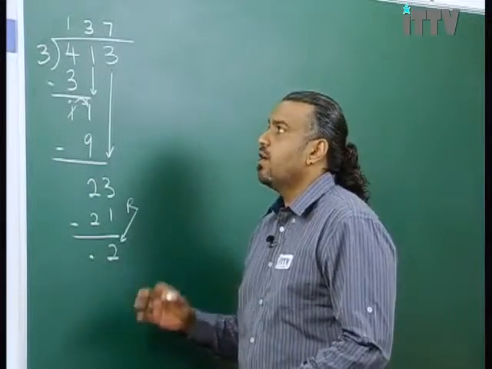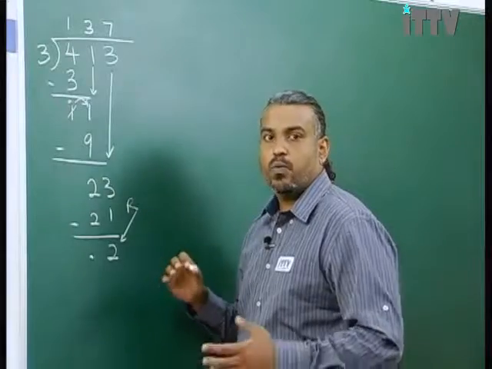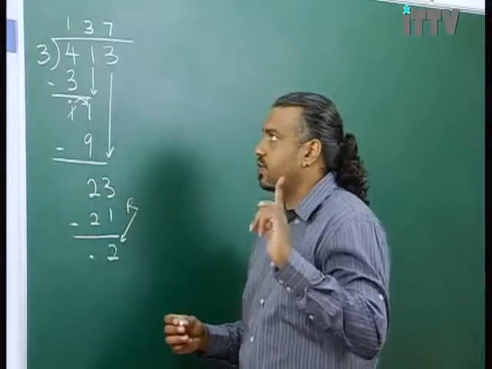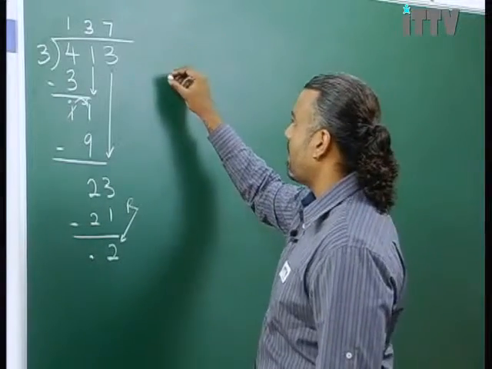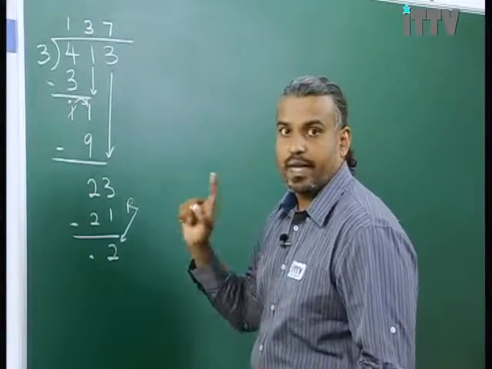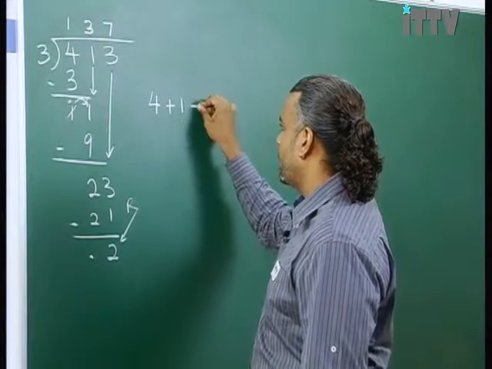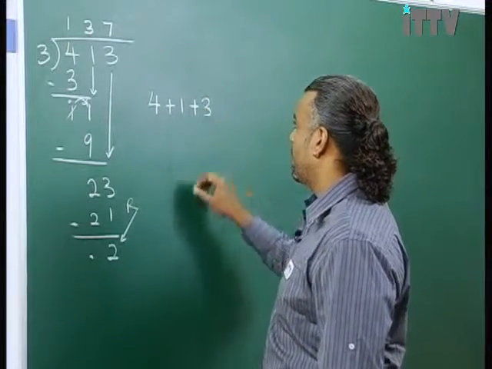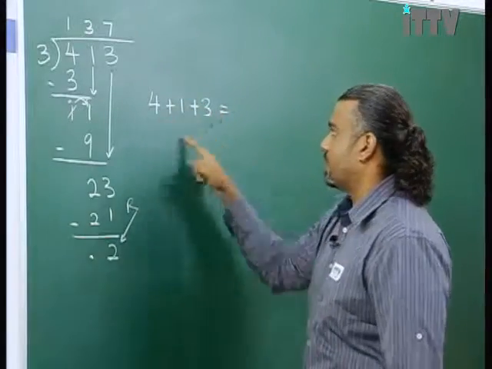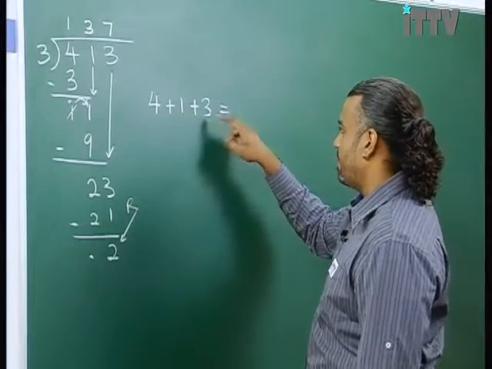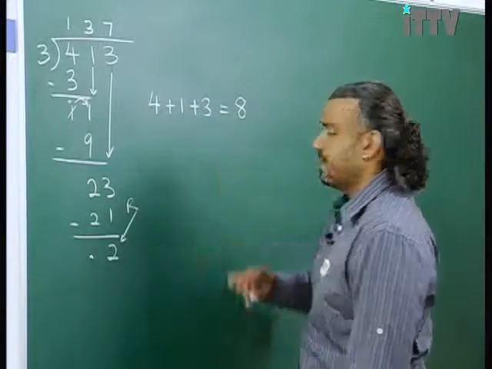Therefore, for the divisor 3, what were we supposed to do? If we refer to the table, it teaches you to sum up the digits found in the dividend. 4 plus 1 plus 3. The total is 4 plus 1, 5, plus 3, 8, right?